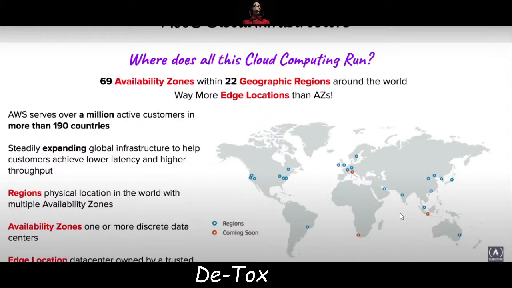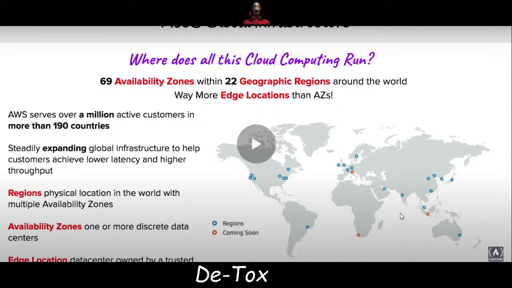Each availability zone consists of one or more data centers, and then edge locations are data centers owned by a trusted partner of AWS. Edge locations might or might not be owned by Amazon, but there might be some third-party companies providing their IT compute services, in partnership with AWS, to provide those edge locations.